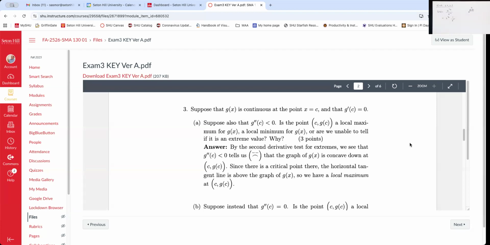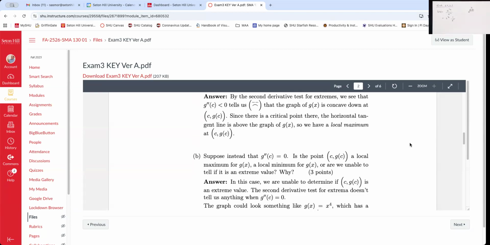Well, this again is a question about knowing what the second derivative means, right? So yeah, a question like this with no numbers in it at all, tell me what the second derivative tells you about a point that is a critical point where the second derivative is, in this case, negative, or in this case, equal to 0. So this is a question that doesn't ask you to calculate something. It asks you to explain it. Show me you understand without any calculation.